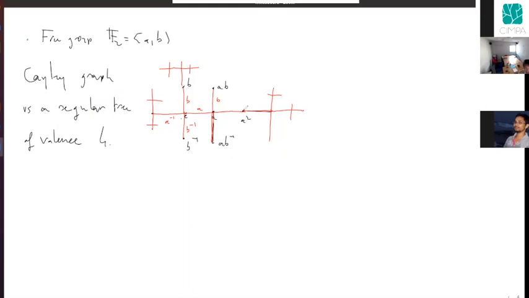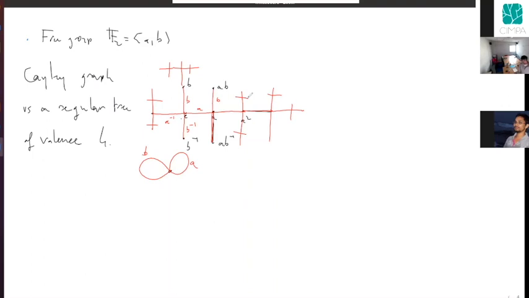And when I look at the quotient, what I will obtain is, as usual, a single vertex, because the action is transitive. And then I will have 2 edges, one for A and one for B.